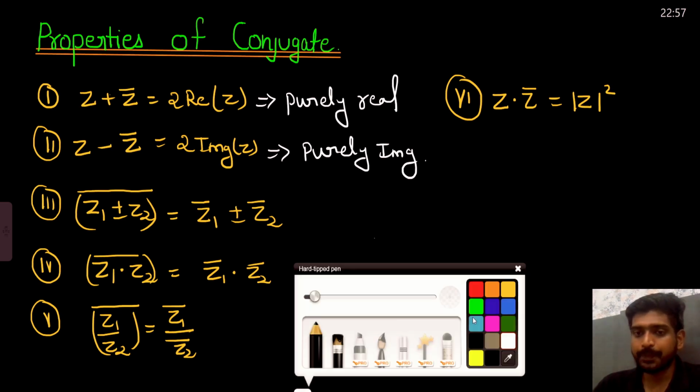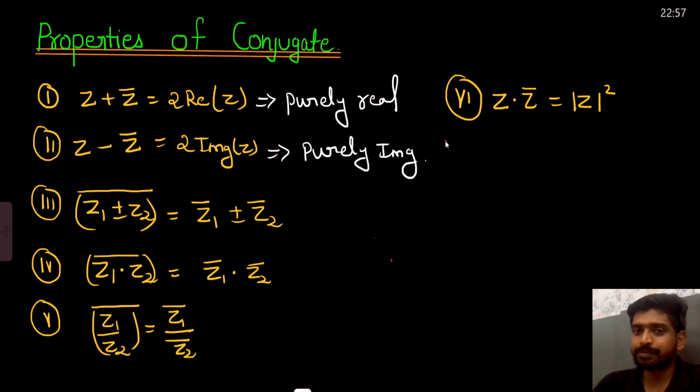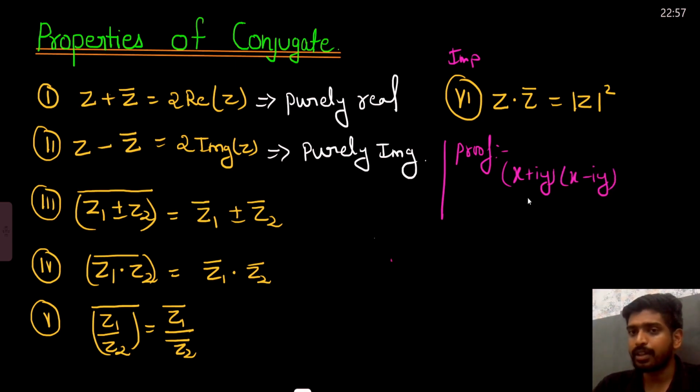Let's see the proof of this property. This property is important. What is z? Z is x plus iota y. What is z bar? Z bar is x minus iota y. Got it? So if we multiply both of them, we get x square minus iota y square. What is i square? I square is minus 1. So here we'll get x square plus y square in the left hand side.